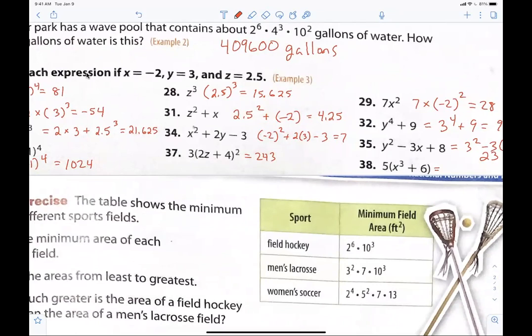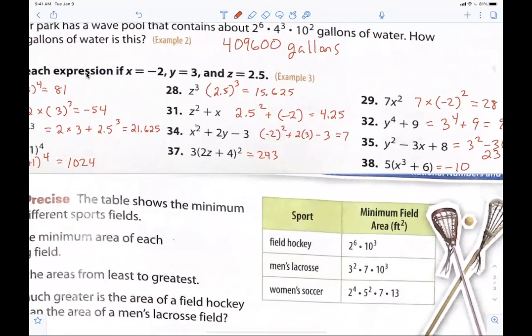Positive 34. What did anybody else get? -10. If you got -10, you are correct. If you didn't, you got what Mikey got. Wrong. I don't think parentheses. Come on, Mikey. Get with that program here.